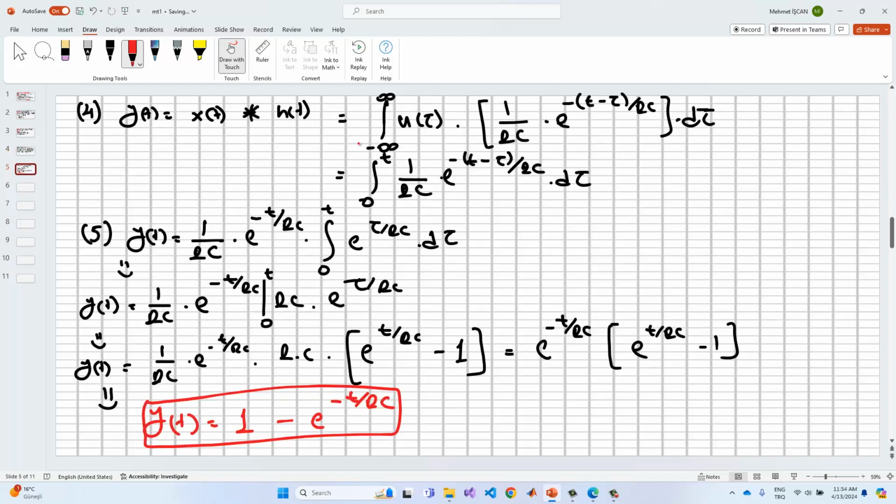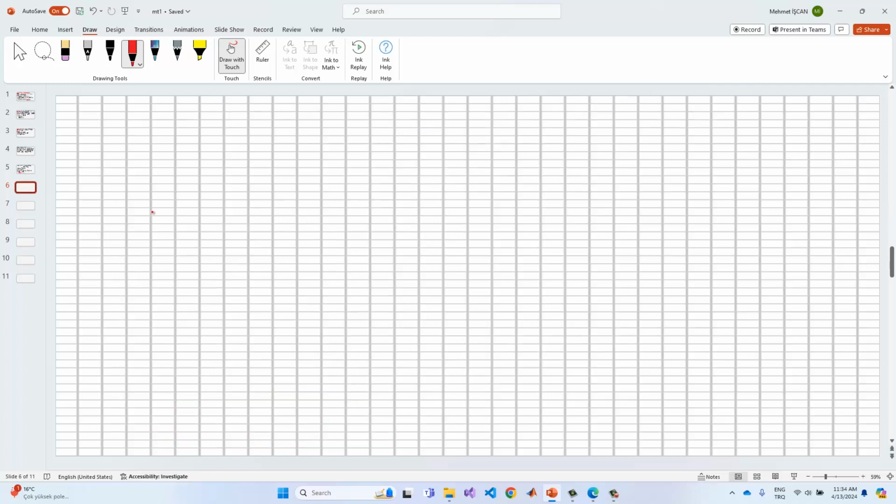Then we should apply the convolution integral with the terms of this one. u(t) yields us 1 if t is bigger than 0, otherwise 0, and so we have the lower limit equal to 0, and the other one is t, because it's dependent on the t in here. And then we can solve this equation and reach the y(t) solution based on the convolution integral.